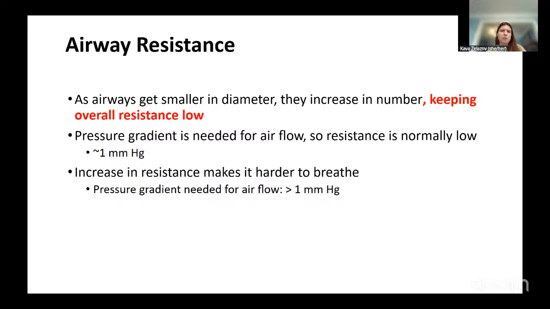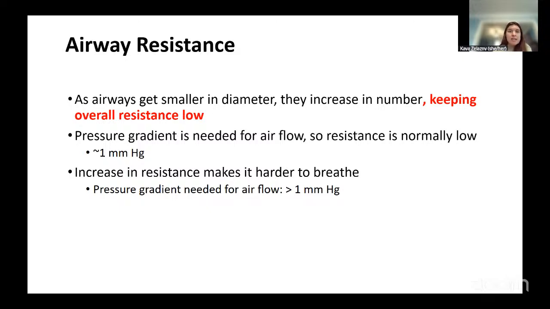Okay, so individual tubes are getting smaller. But because we have a lot of branching, our overall resistance to air stays low. Our overall area that air is spreading through is still pretty big, even though any one individual tube might be getting pretty small. Okay. So our resistance in the lungs is usually pretty low.